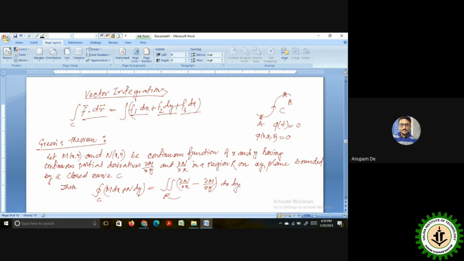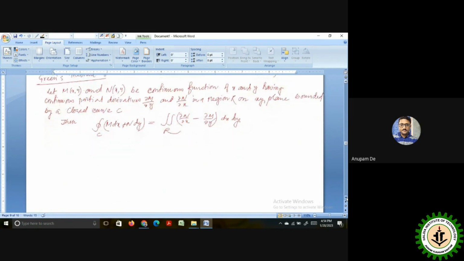So basically you are finding a double integration in terms of a line integral, and the other way, a line integral with the help of a double integral, that you can do. So from here you can get two types of questions.